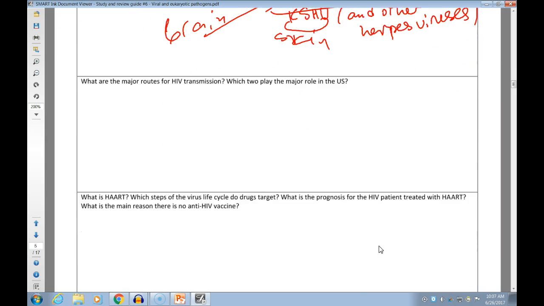HIV transmission via blood, sexual, vertical. Which two play the major role in the US? Not the vertical. Well, actually, I need to correct. I should say one, because it's sexual. There is no transmission via blood, and vertical is minimal in the US. Okay? Well, wait a minute.